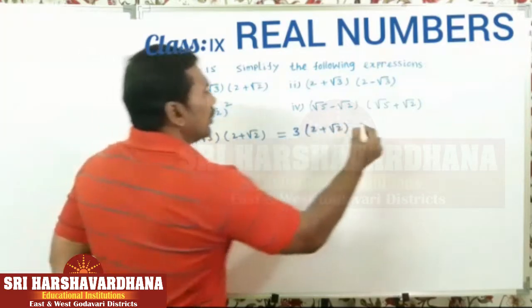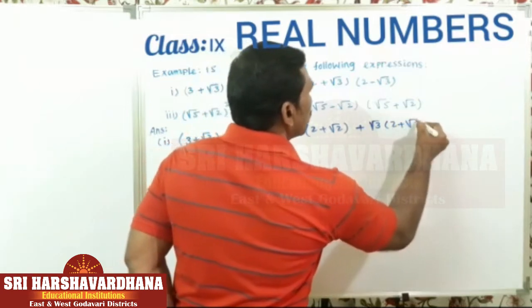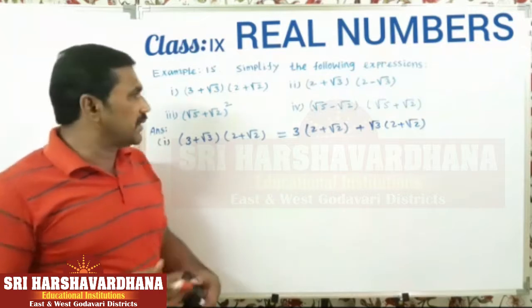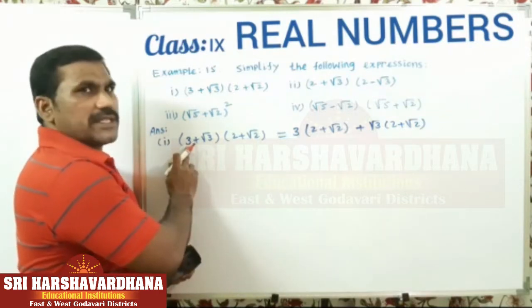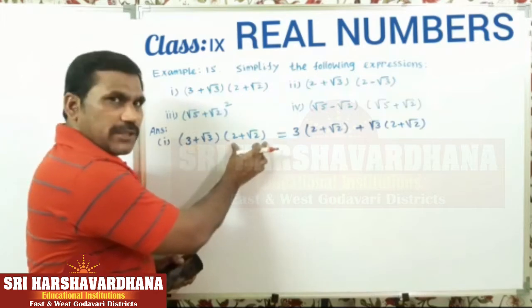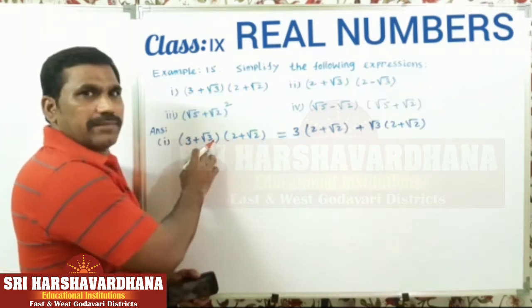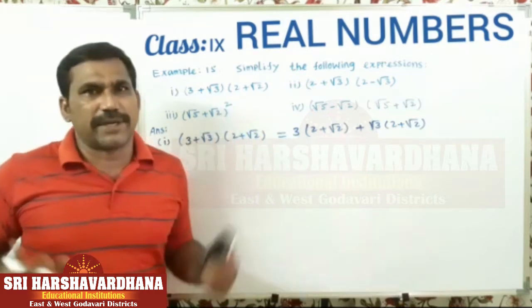I mean root 3 into 2 plus root 2. Again, I am repeating, children. Multiply the first term of the first expression with the second expression, and after that multiply the second term of the first expression with the second expression, right?